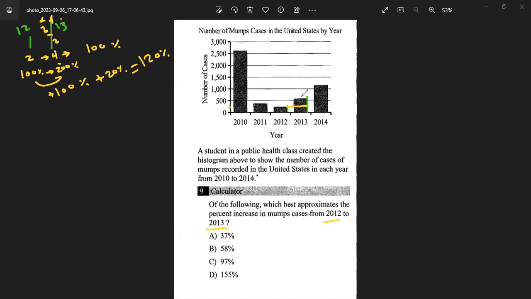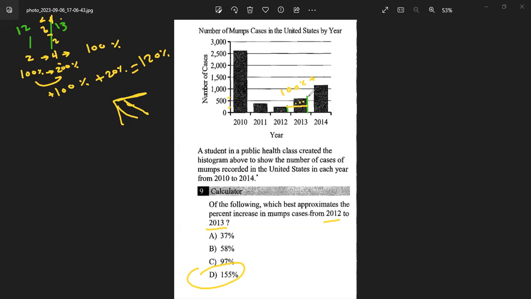The increase in this part is 100% plus the extra part, not clear even here. So this one is increasing more than 100%. If you got this idea, it's very clear to do it without calculation, okay?